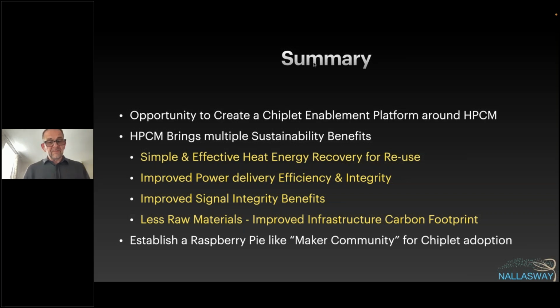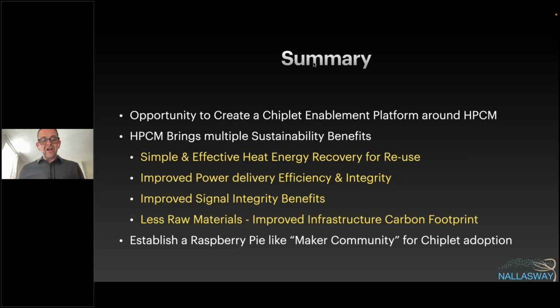I'm not sure how many of you are aware of the Raspberry Pi community, or the maker community of the embedded world in the IoT world. But we're trying to create a maker community for high performance compute and for CXL enablement. And now I'm saying, maybe we could make this a maker community for chiplet adoption if we rally around this substrate, which was clearly scalable into some significant size computers, and maybe even an HPC cluster at some particular point.